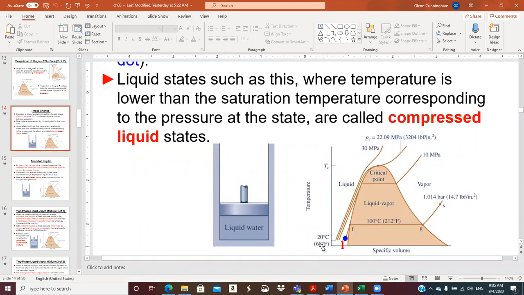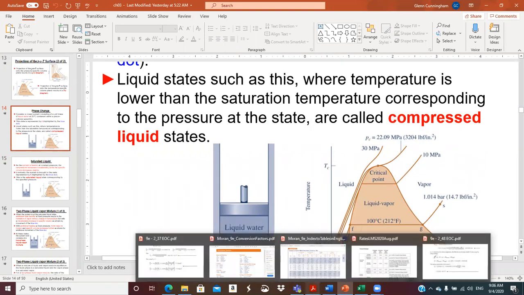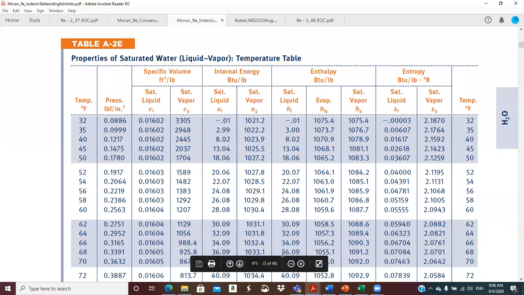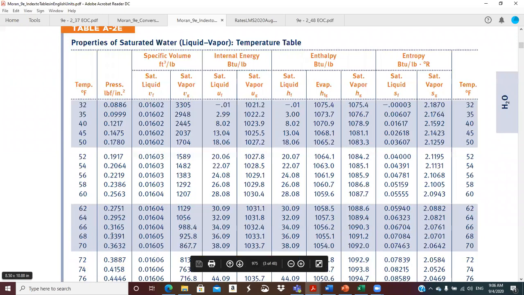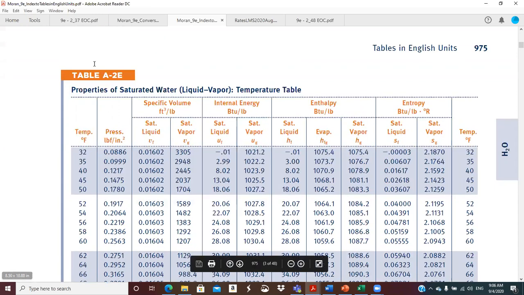This dot is 68 degrees Fahrenheit. So if I come into table A2, and E is for English units, and there's another one for metric, we're at 68 degrees. But this is a saturation table, so I have to be careful here, or I'm going to get you all mixed up.